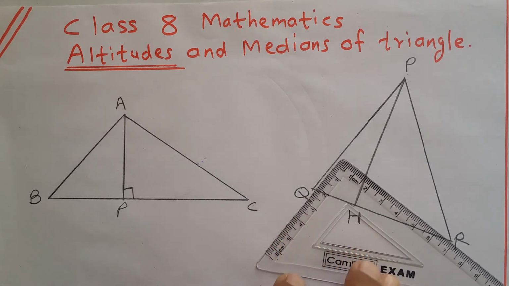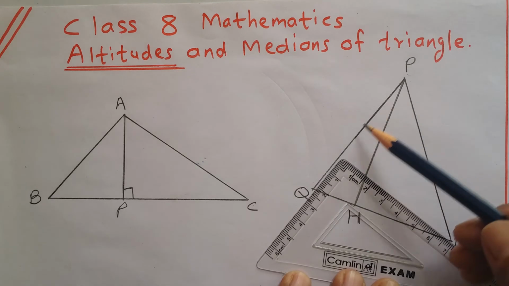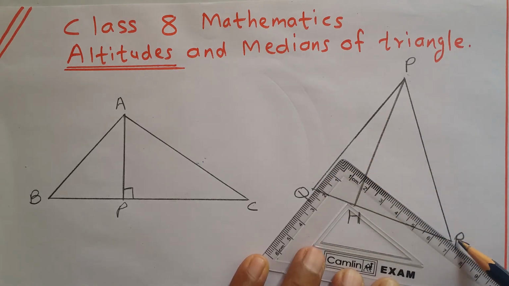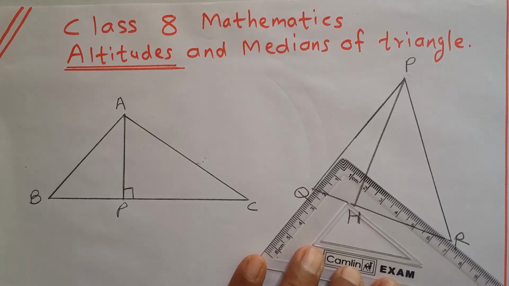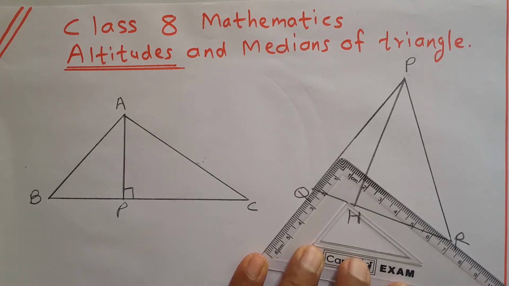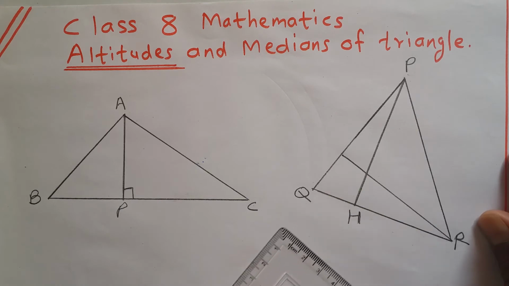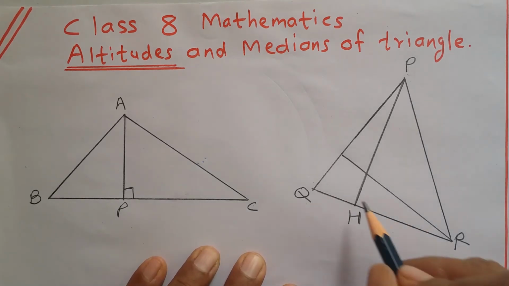See, this side of the set square matches with PQ, and this side of the set square matches with R. So it is very easy to draw a perpendicular. Understand? So this is also altitude.